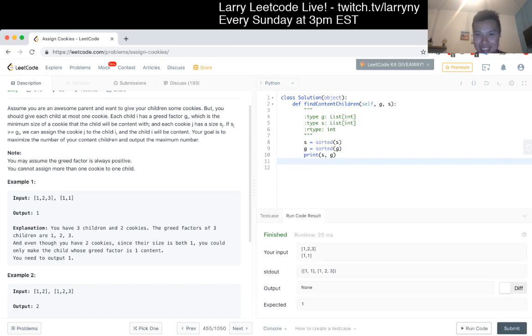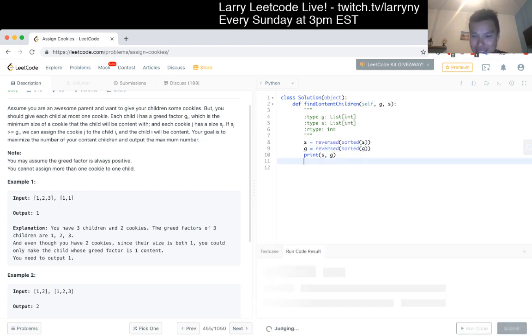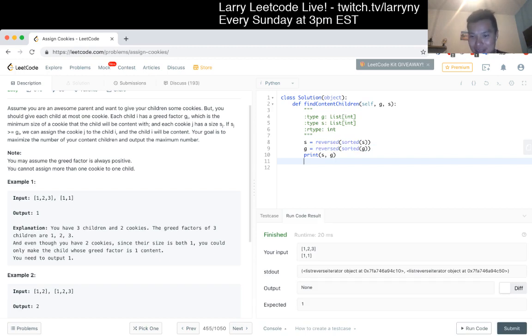Okay, and then maybe reverse. So this keeps things still at O of n log n, because this is just sorting. Okay, is that fair enough? I guess so.